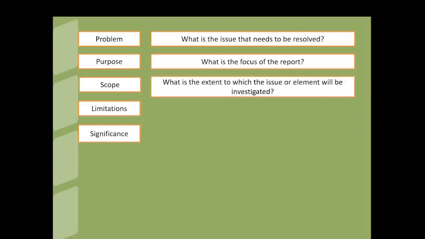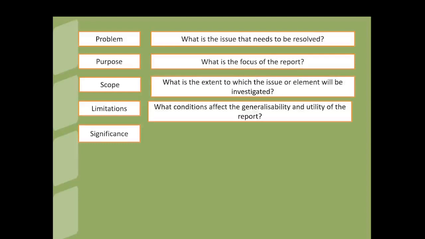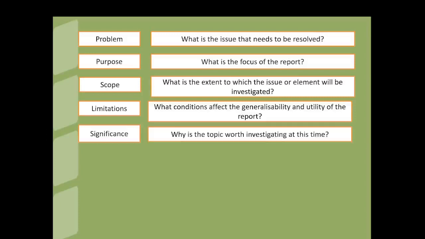Scope: to what extent the issue that you're talking about would be covered within your report. What are the conditions that compromise the generalizability of this report? That goes into your limitation. And significance: why this report is important, or why this topic on which you are writing is important. That is covered in the significance of the report.